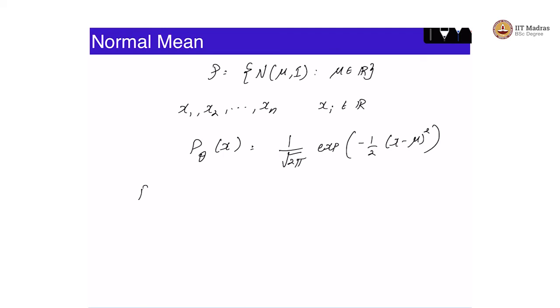What is your risk, or the negative log likelihood, of theta? It's simply equal to the sum over i equal to 1 to n of minus log of 1 by root 2 pi times exp of minus half into xi minus mu the whole square.